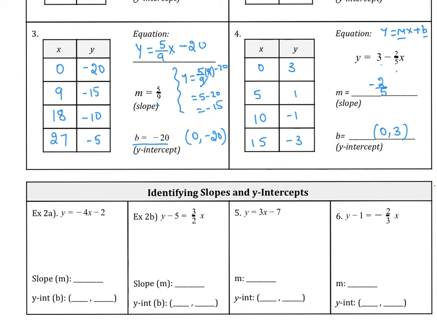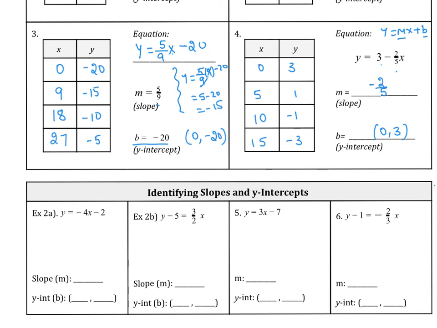Just remember, I'm choosing all the numbers that are multiples of 5 so that I can cancel the 5 from the bottom. So 15 divided by 5 is 3 and 3 times negative 2 would be negative 6. Negative 6 plus 3 would be negative 3. So there is a table that you created by plugging in all the x values and finding the y value.